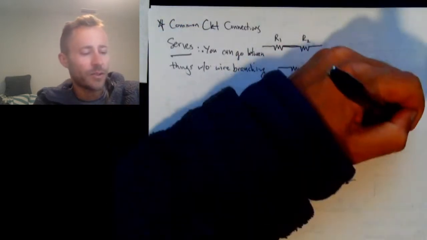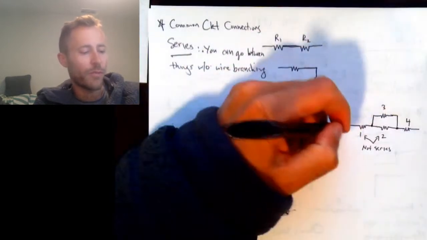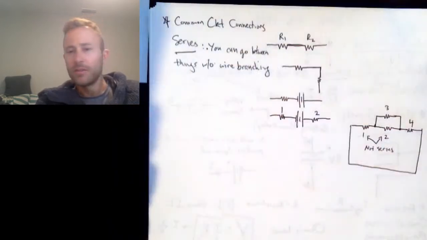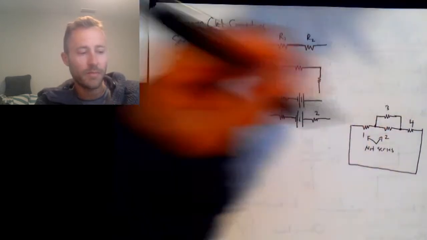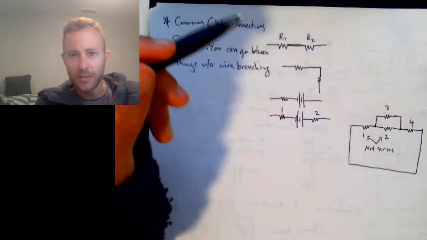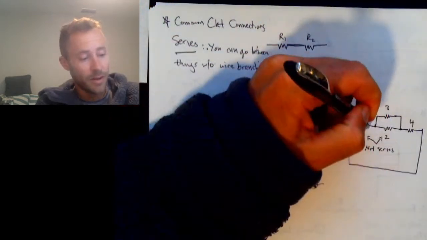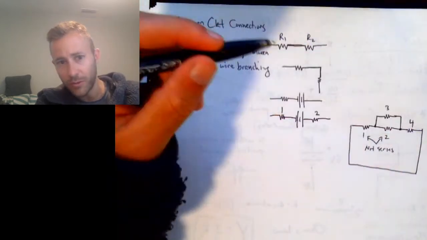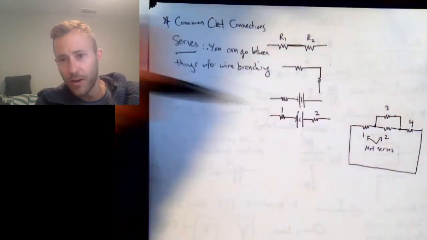You could even have something like this. Maybe there's resistor 4. So resistor 1 and 4, if you go this way, you might say that they are not in series, but they actually are. Because if you go from resistor 1 to resistor 4 this way, there are two branches in the wire.